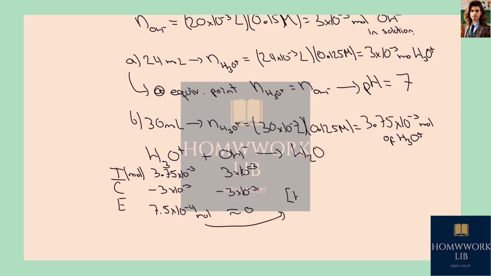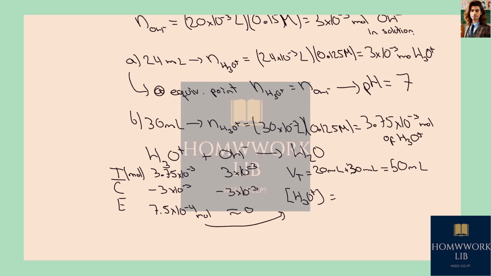Now we can do the calculation for the concentration of H3O plus. For that, we require the total volume of our solution. We initially had 20 milliliters of sample, and we added 30 milliliters of acid, giving us a total of 50 milliliters.